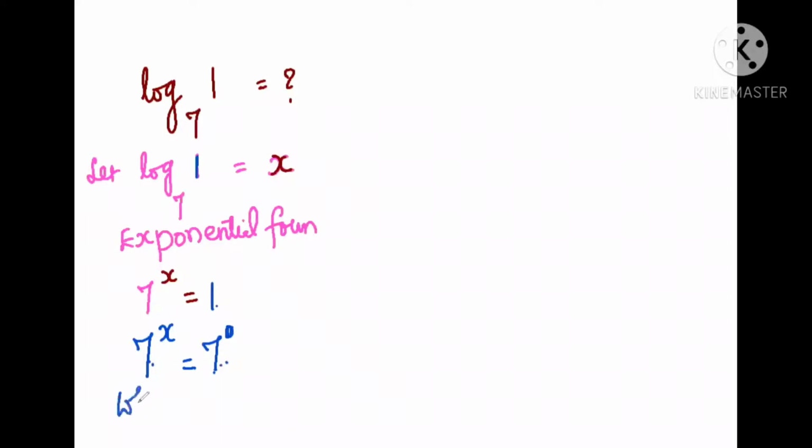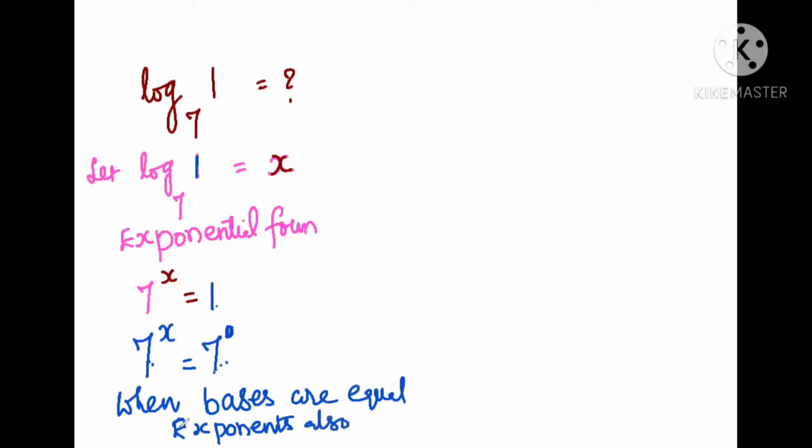So now when bases are equal, exponents are also equal. Therefore the value x is equal to 0.